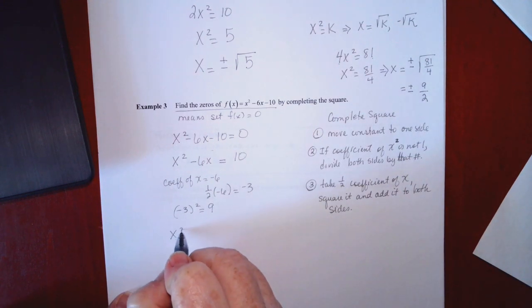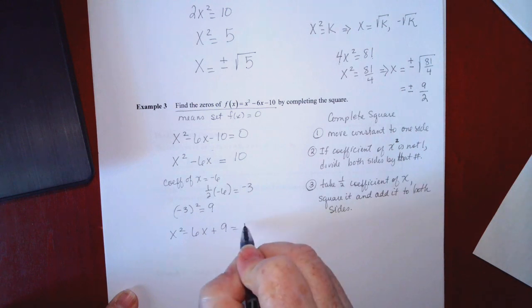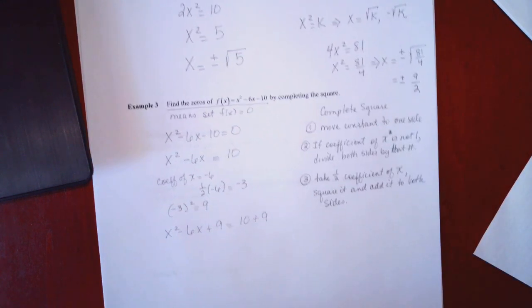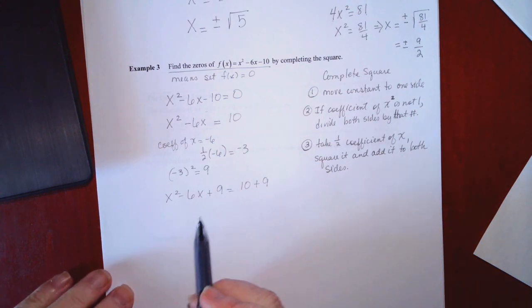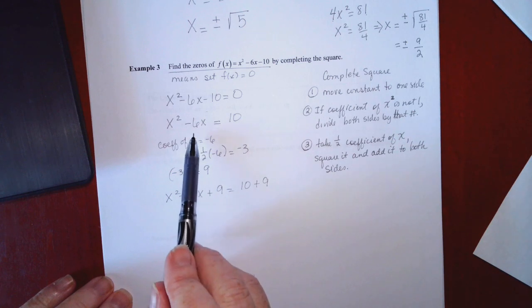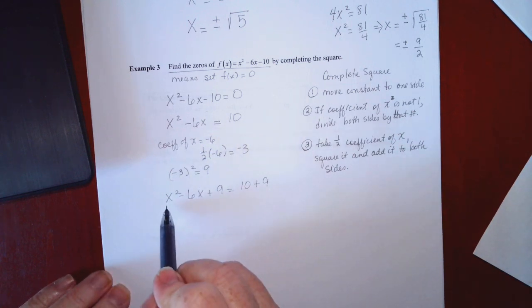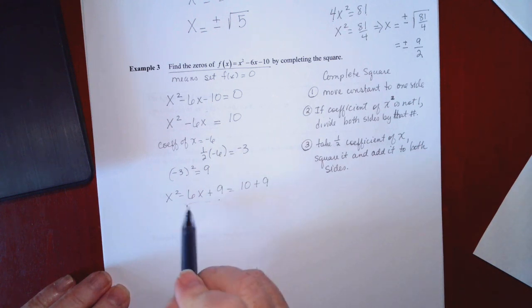Now remember, if I add something to one side, I have to add it to the other side so that I don't actually change the equation. We just are writing it in a different form. By taking half the coefficient of the linear term here, squaring it and adding it to both sides, we have made this guy a perfect square.